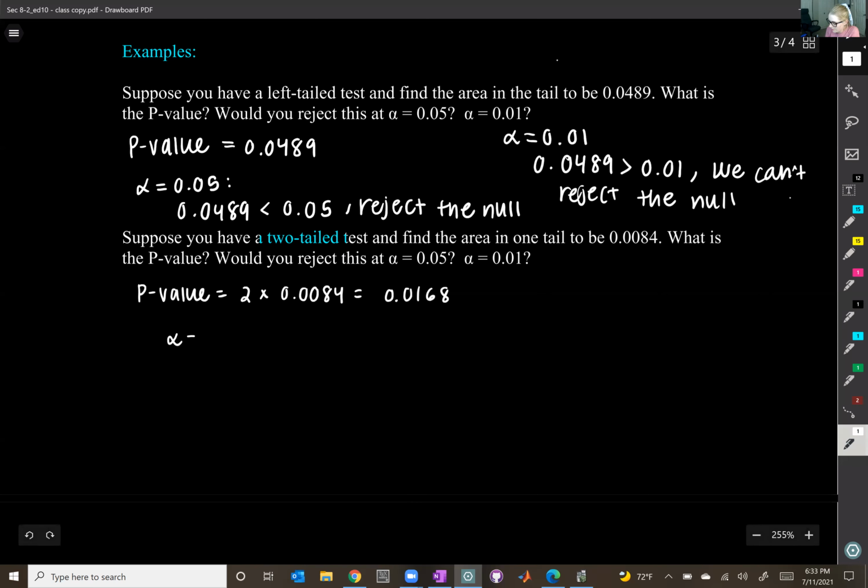First, let's do if alpha is 0.05. So our p-value is 0.0168. And this is definitely going to be less than 0.05, which means that at this significance level, we reject the null.